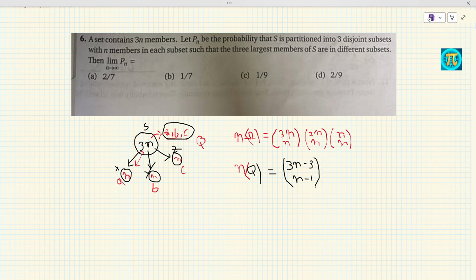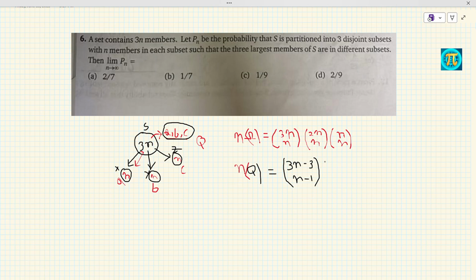So what we are doing is, at first we are taking away the three largest numbers from the set S, and so we are getting the total number of elements in the original set as 3n minus 3, and from the set we are partitioning, we are getting n minus 1 elements, as we have taken one element from the set X, suppose.